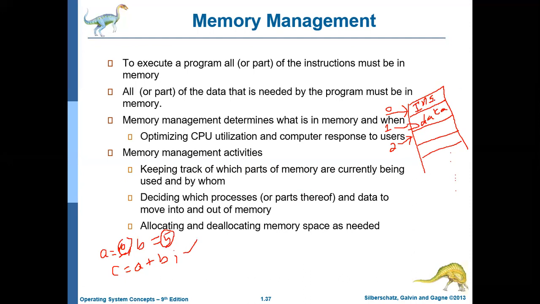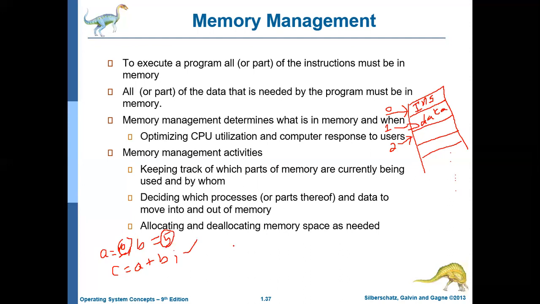There is something called the instruction cycle for a CPU, which we will discuss later, or you may learn in other related courses. During the CPU instruction cycle, there are two phases.